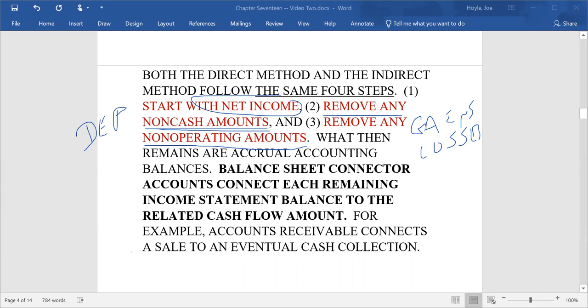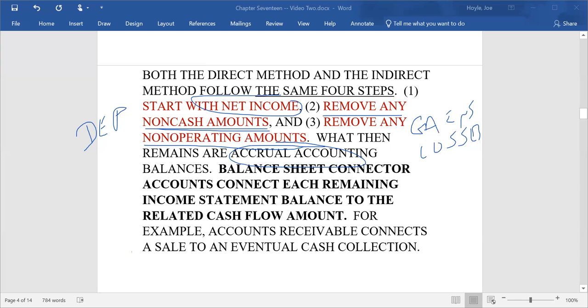The final step is that we'll take whatever numbers remain and they will be in accrual accounting. Accrual accounting guides when the recognition takes place. For example, revenues are recognized when the performance obligation is satisfied. That's according to accrual accounting. So what we want is not the remaining numbers in accrual accounting.